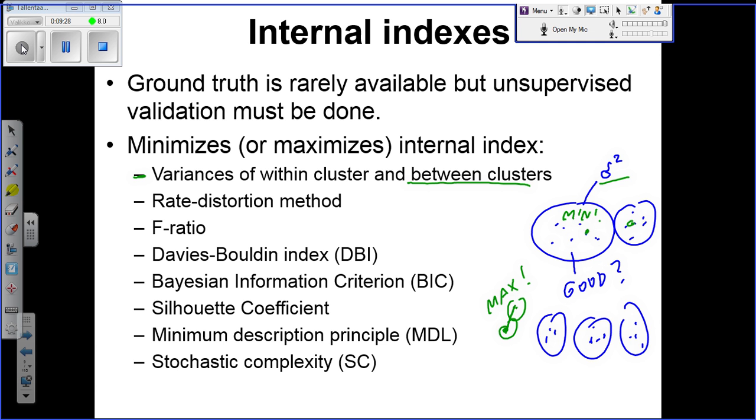We want to find the best possible compromise. If there are real clusters in the data, if we have lots of points here, definitely if we put 3 clusters, there will be 2 clusters where the between-cluster variance is quite low. But if we put only 2 clusters, the between-cluster variance is much higher, and the compactness doesn't change. If you put only 1 cluster, then the within-cluster variance is also high. So it's quite sure that with this compromise, maximizing the between and minimizing the within, most likely the two clusters will win.